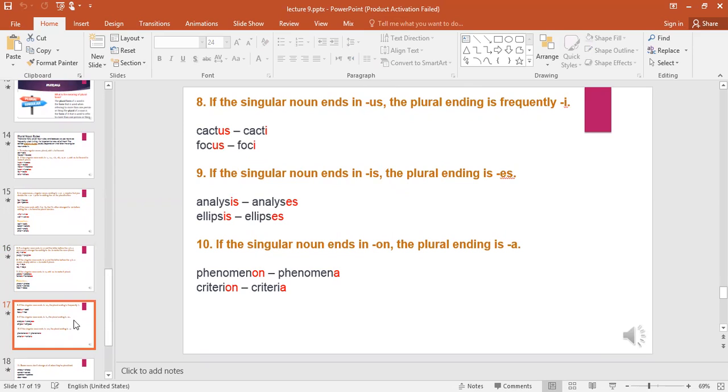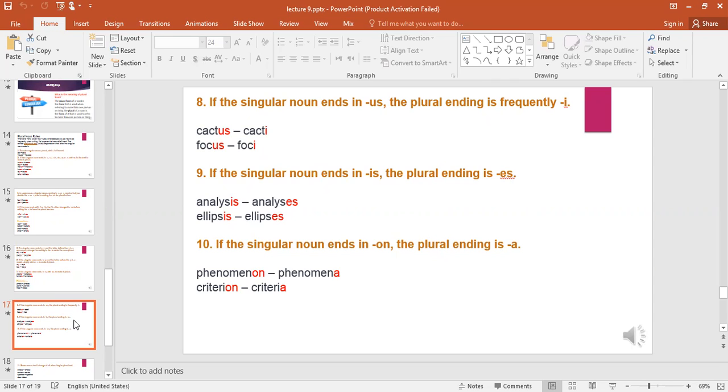Rule number 8 is about nouns that end with us, like cactus. So you have to change the us into i, like cactus, cacti, focus, foci, and so on. All the nouns that end with us, you should drop the us and add i instead.